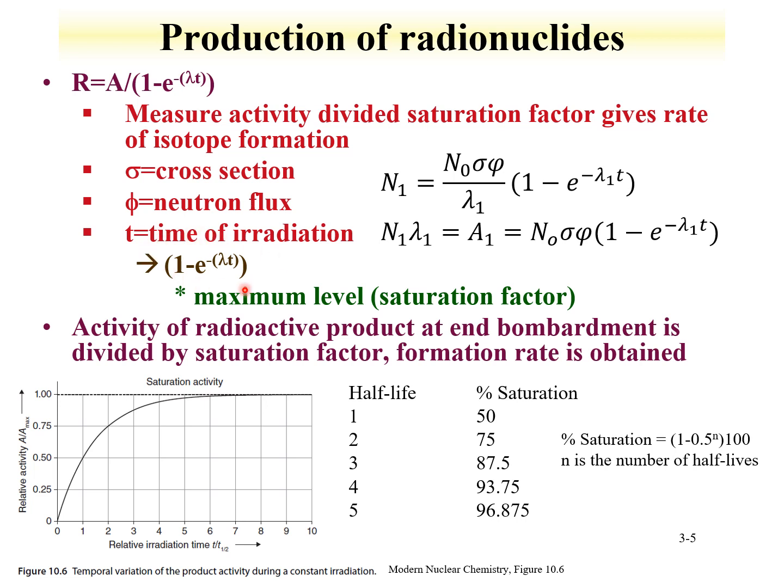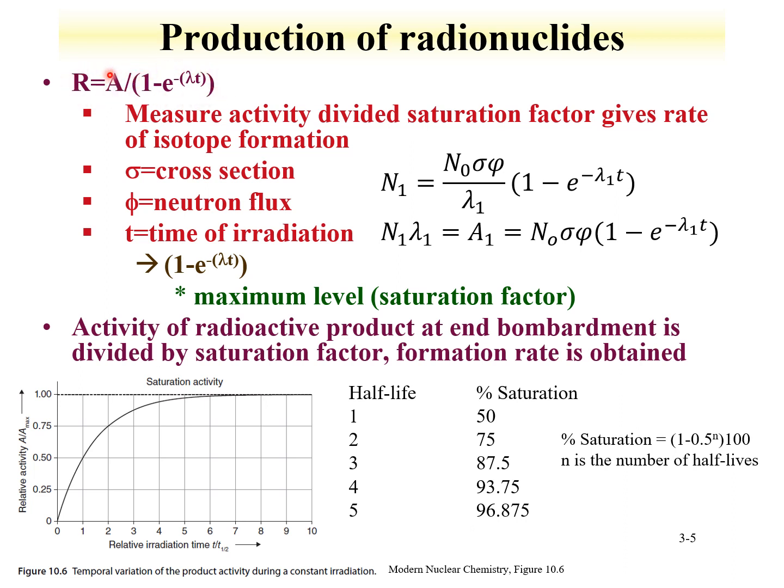In the previous slide, we discussed rates of formation. Another way of evaluating these rates of formation is shown here using this equation, where the activity of an isotope is measured after the reactions to produce that isotope, and that activity is divided by this saturation factor, 1 minus e to the minus lambda t.